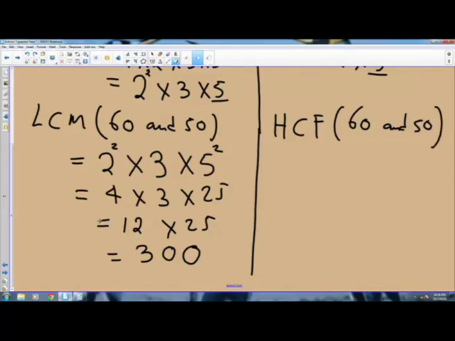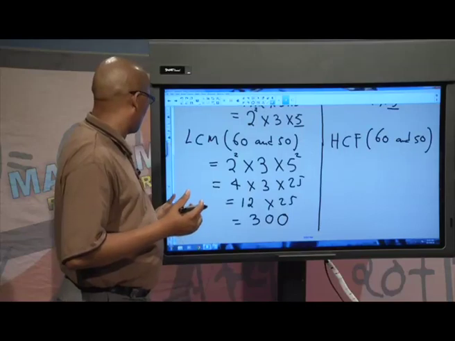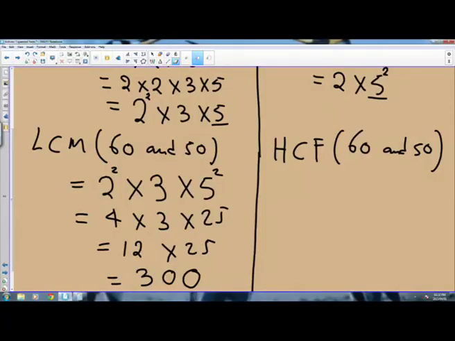Remember, when you want to find the highest common factor, you multiply the numbers with the least powers. So it means here we will have 2 times 5. And then this gives 2 times 5 is 10. So the highest common factor of 60 and 50 is 10. That's how we get it.